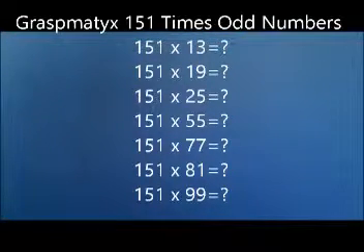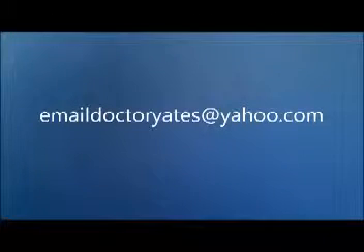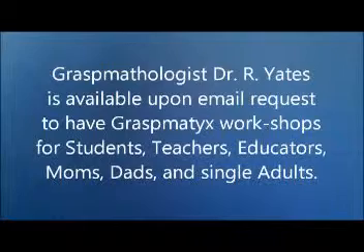So in the next episode, I will show you how to do 151 times odd numbers. As for now, you work with the even numbers. So look for it on YouTube. If you do not see it on YouTube, you can write to me, and I'll be more than happy to share that information with you and others who would like to learn.